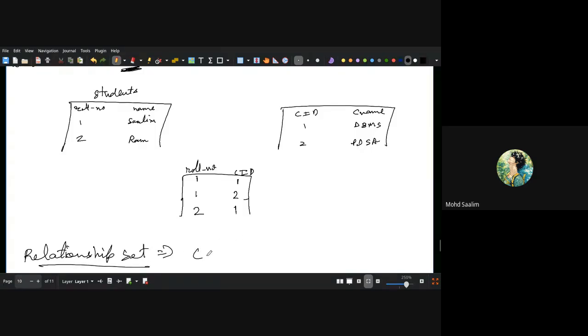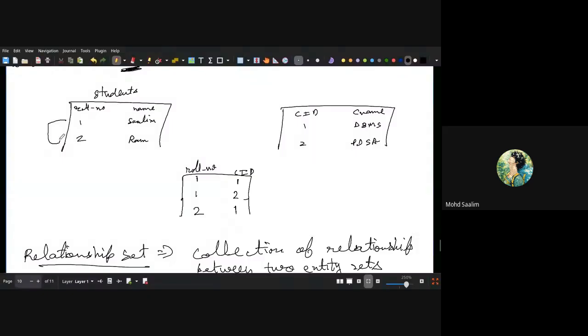A relationship set is nothing but a collection of relationships between two entity sets. So this is the set of student entities. You can see the set of two students, right? This is the set of two courses. So this is also an entity set, and this is a relationship set.